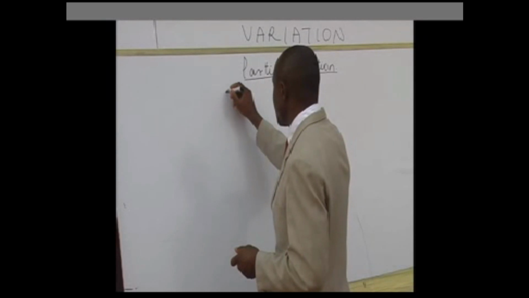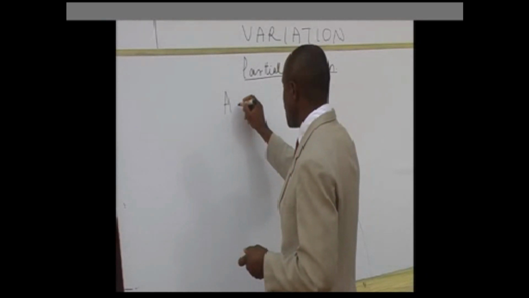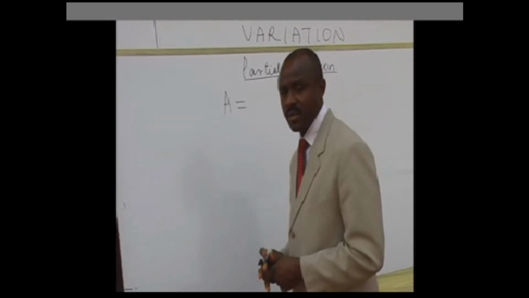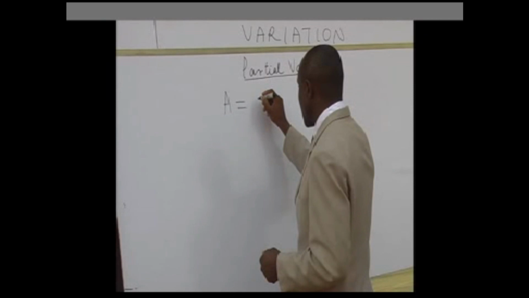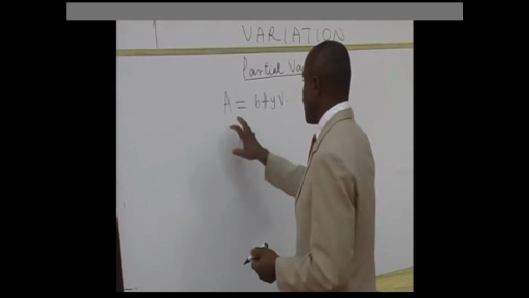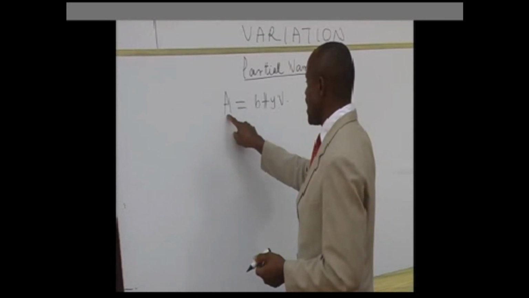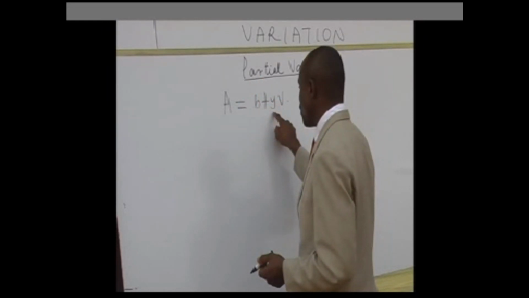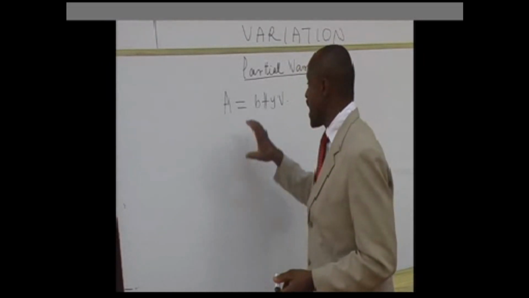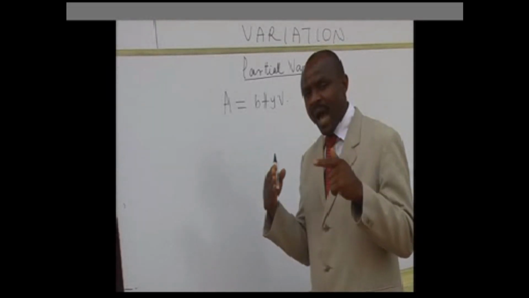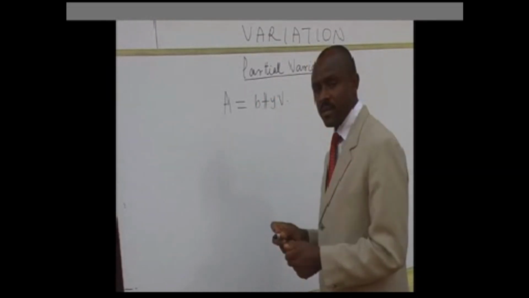For instance, you may see that A is equal to, you may not really see the sign of variation, something like B plus YV. If you see something like this, that means that A is partly constant and partly varied with V. So things like this are going to be the questions that are attached to partial variations.